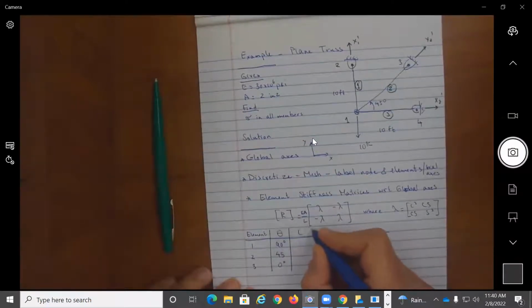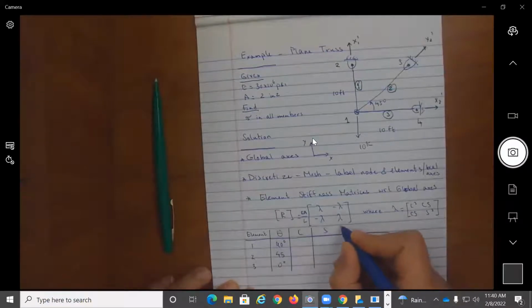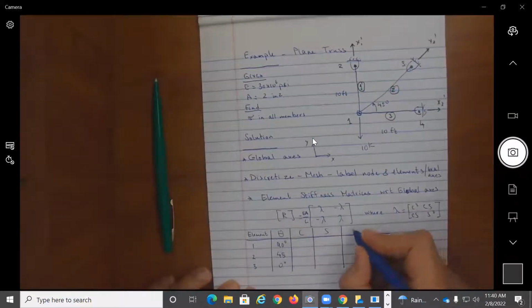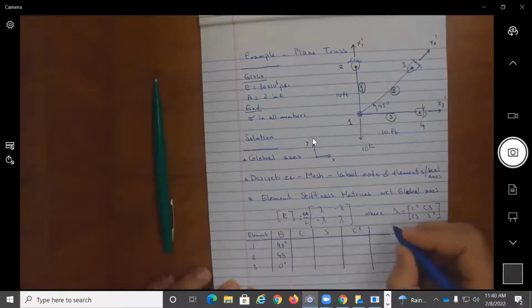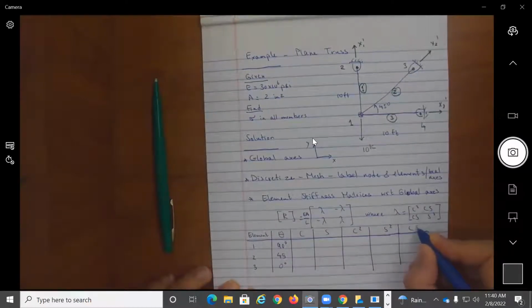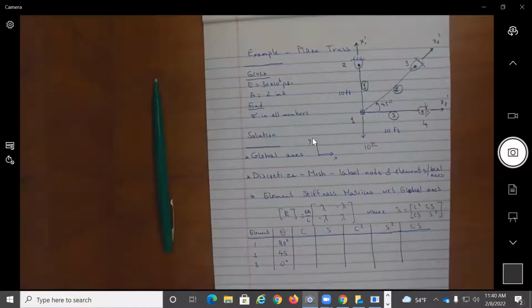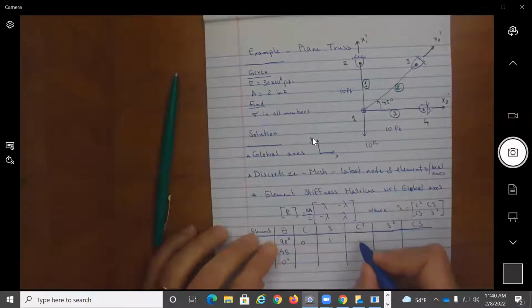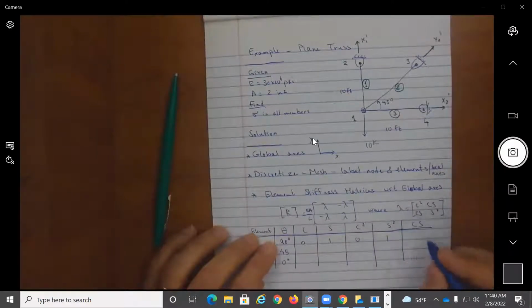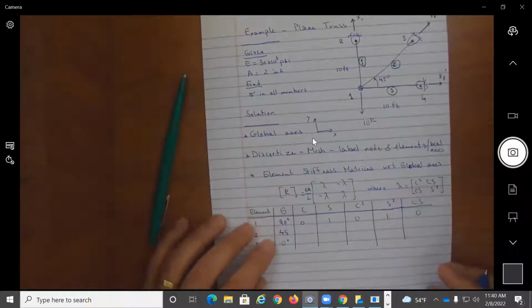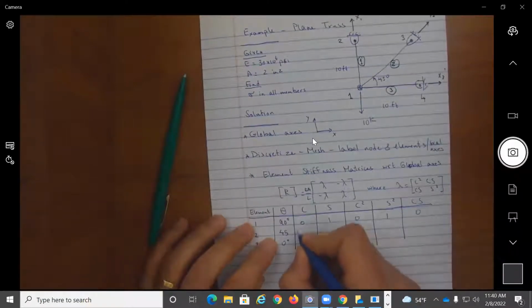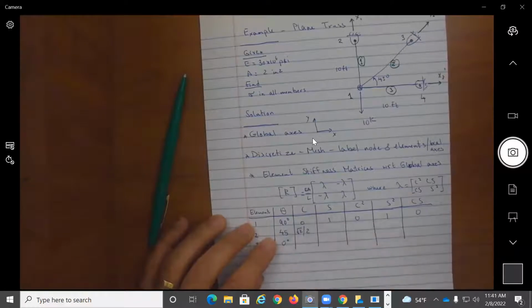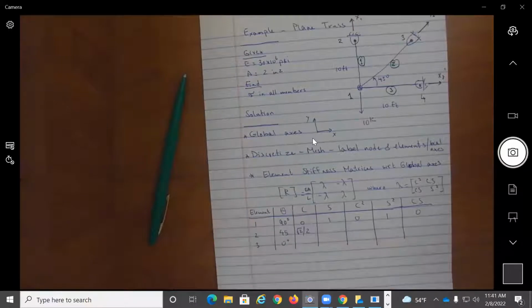I'm going to define my cosine, my sine, my cosine squared, my sine squared, and cosine sine. So the cosine of 90 degrees is 0, the sine is 1, cosine squared would be 0, sine squared is 1, cosine sine would be 0. For 45 degrees, the cosine is the square root of 2 over 2, and the sine is also square root of 2 over 2.